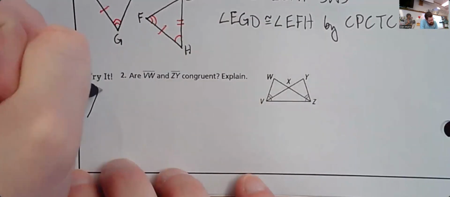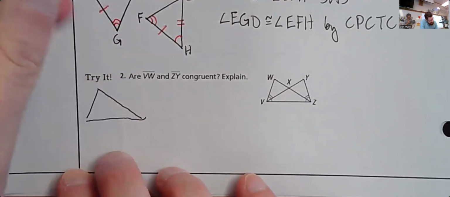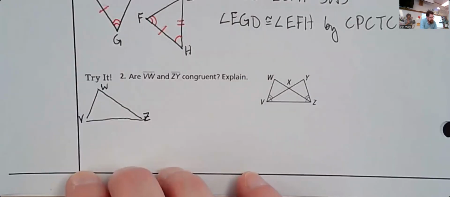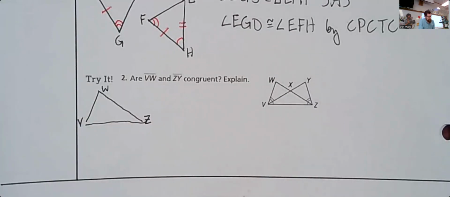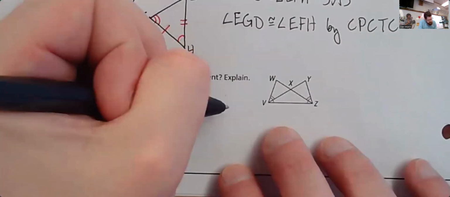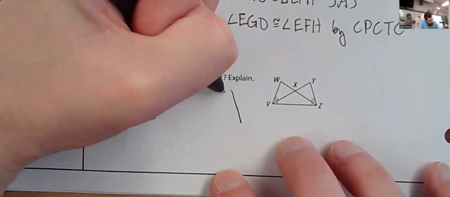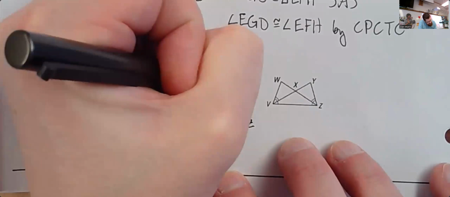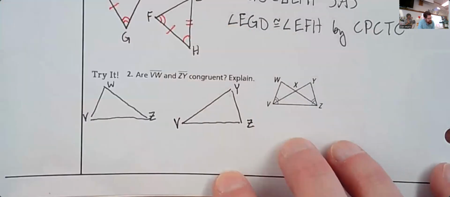Okay, so let me draw that one here. So draw this as well, VWZ. So here's V, here's W, here's Z. What's the other one? ZYV. Okay. Here's Z, here's Y, here's V.